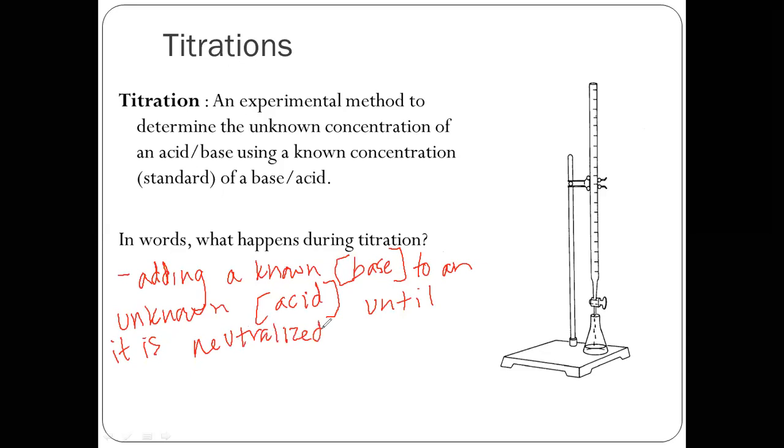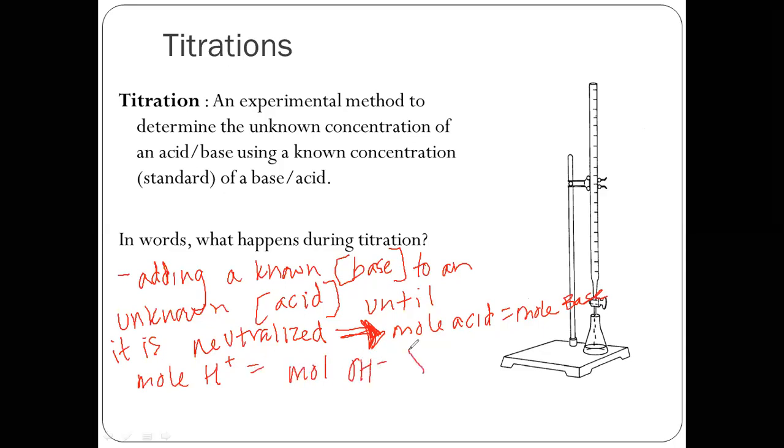And when it's neutralized, moles, that's an arrow, kinda. Moles of acid equal moles of base. So moles of H plus equal moles of OH minus. This point is called the equivalence point because that's where things are equal.